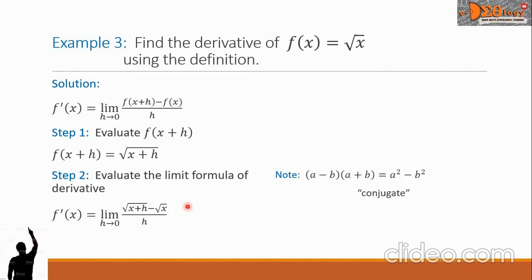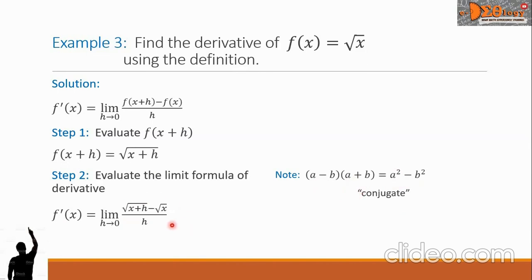Please remember our special product formula that a minus b times a plus b equals a square minus b square. We said that the factors here are conjugate of one another.